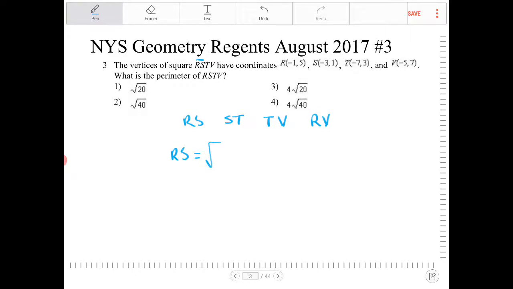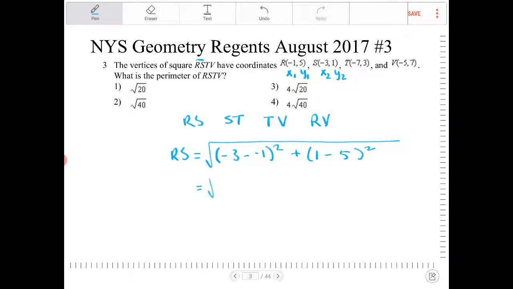The distance formula is a giant square root, and I'm going to label the points x1, y1, x2, y2. So I'm going to do x2 minus x1, which is -3 minus -1, plus y2 minus y1, so it's 1 minus 5.